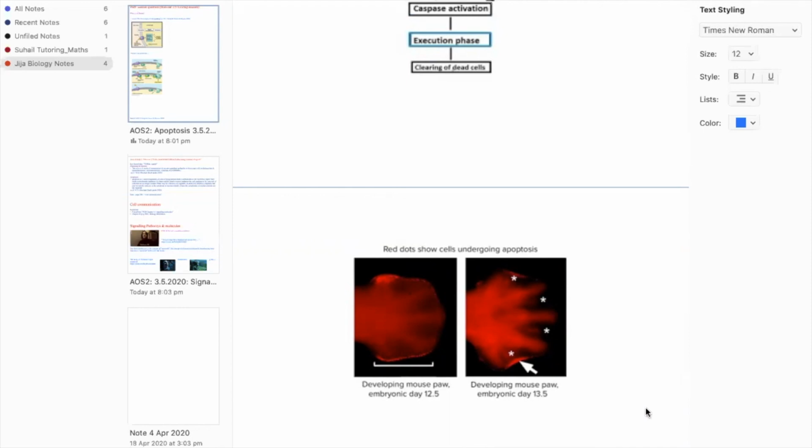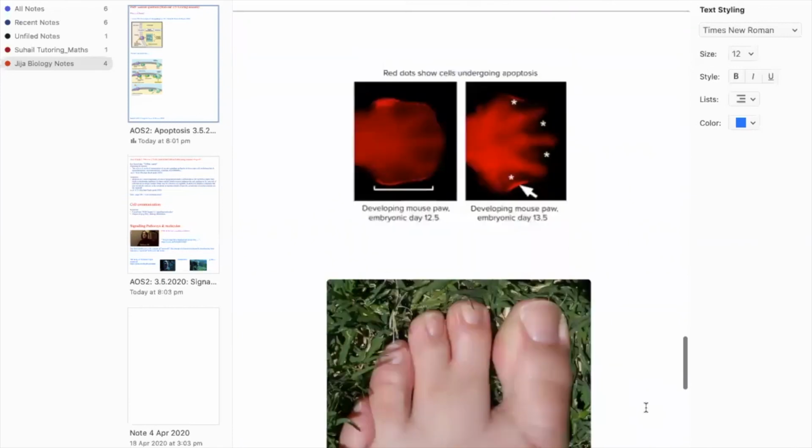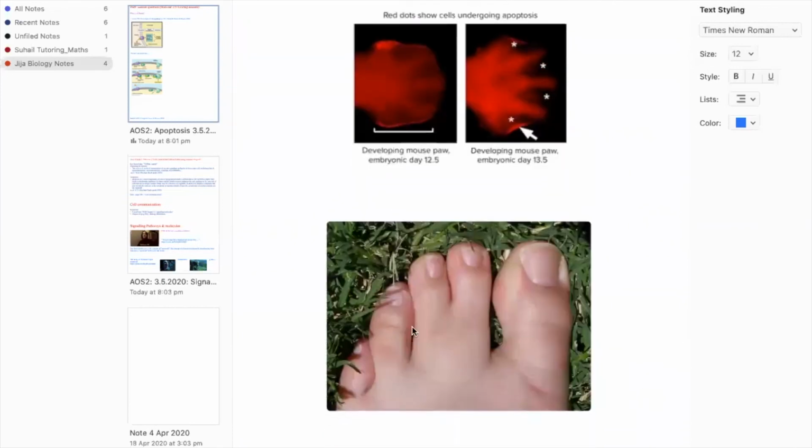Now, sometimes if this doesn't occur, and I'm sorry for a big picture of a foot on your screen, people can be born with webbed feet, webbed toes or fingers. This is because when they were developing within the embryo stage, the cells that were here didn't, for some reason, receive the signals to die, and hence the person has webbed toes.